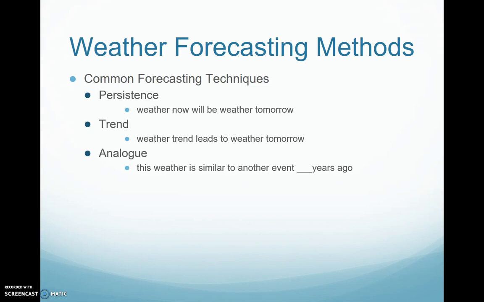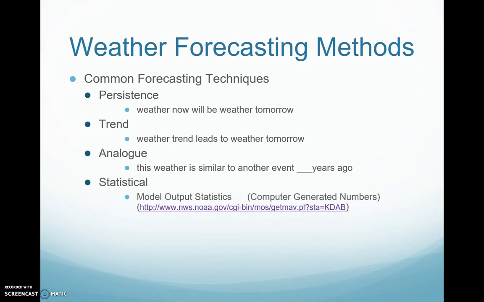And so you look at what happened with Hurricane Sandy, look at the conditions that happen right now, compare the two, and look at the similarities. That's the analog method, looking at the similarities between current and past events.